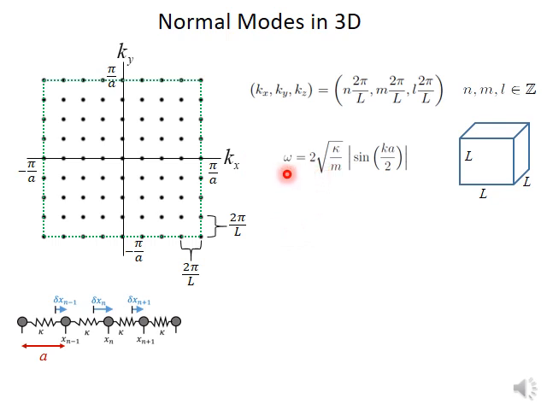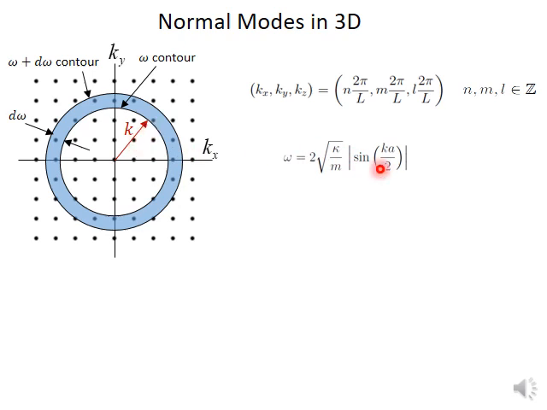Now, because these k values are related with omega, you can define a certain k, and you can define a certain omega. So let's say omega, which would be represented by a certain circle inside, and then you can increase k slightly by k plus dk, and it would represent another circle of omega plus d omega.